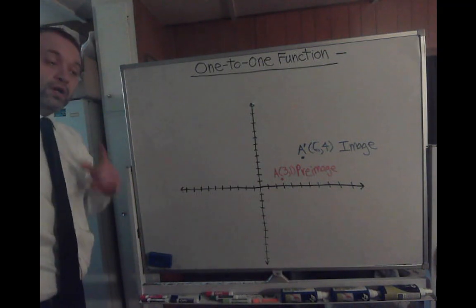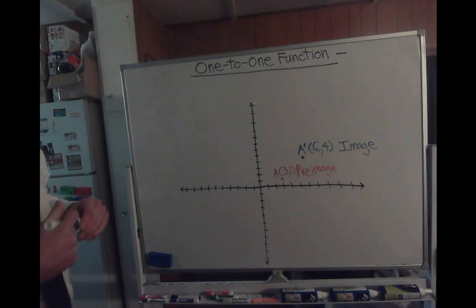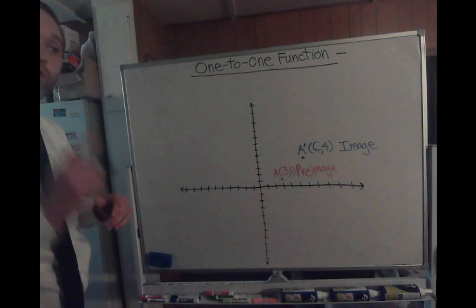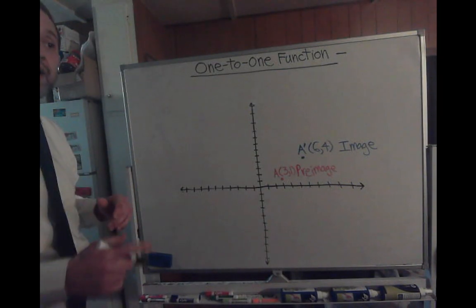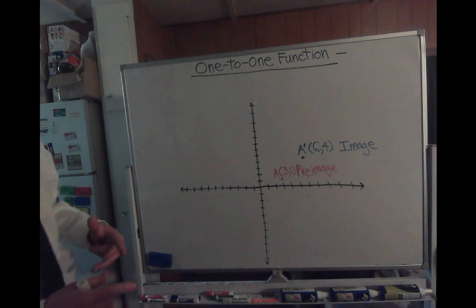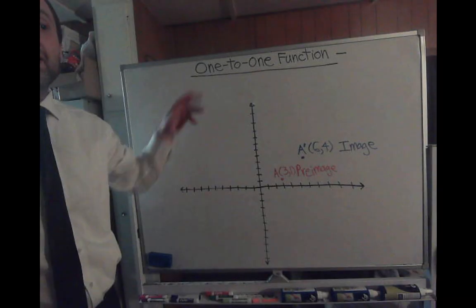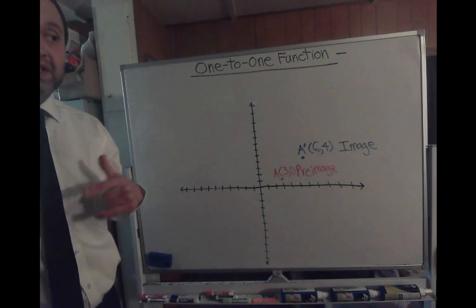A one-to-one function is such that each member of the range has one and only one member of the domain. So it flips it. And this is going to come in handy in Algebra 2 when we get into inverse functions. You'll see this a lot.